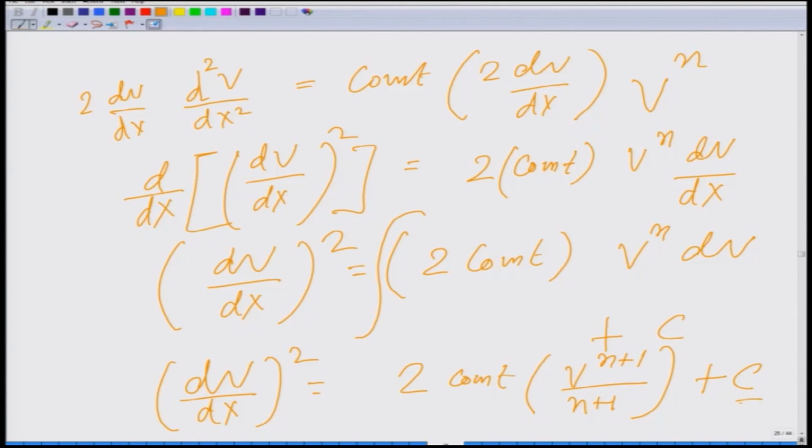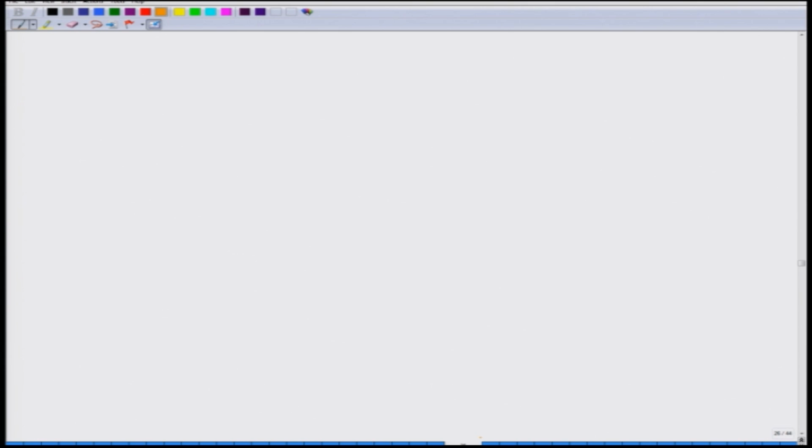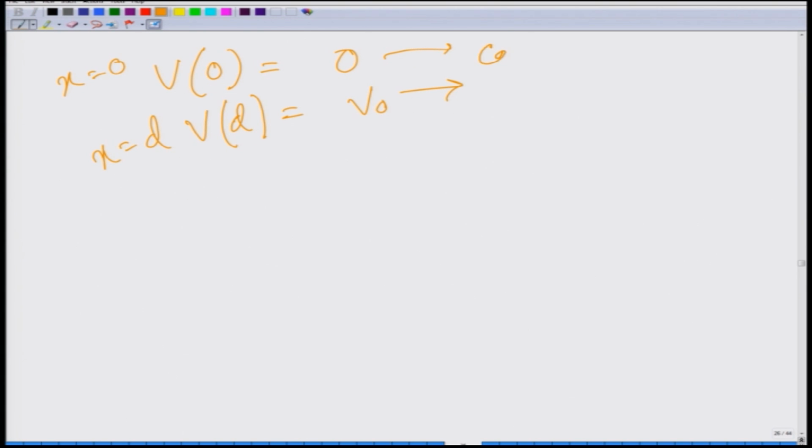Now, how to find out this constant? For that, you have to use the initial condition, which is at x equal to 0, V(0) is 0, and at x equal to d, V(d) is V naught, that is the voltage at the anode, and this is the voltage at the cathode. Okay. So, now using that you can find out the value of C. So, C is now known.